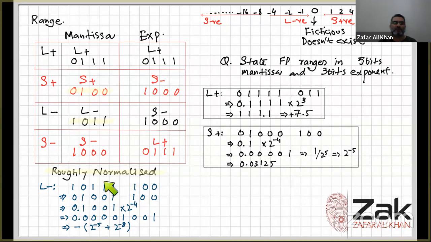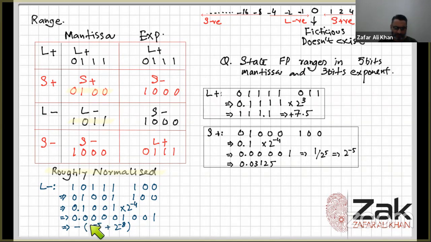So let's solve it. Since it is a negative number, first let's convert it to the positive side. We keep the exponent the same as the first one. We will keep the mantissa the same and toggle the rest. This is how we get the positive form of it. And then we will put the point and make it standardized, and afterward we solve it. So the point will go all the way towards the left. Since calculators will not be allowed, we may put it this way.